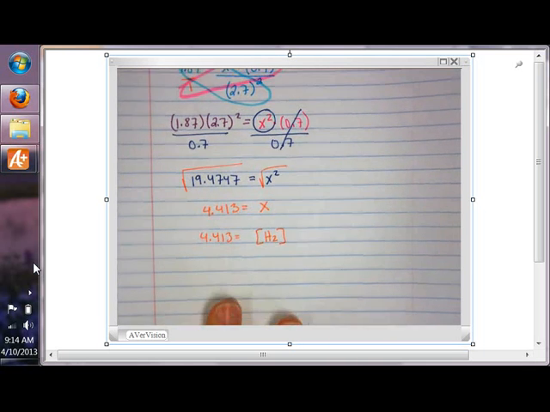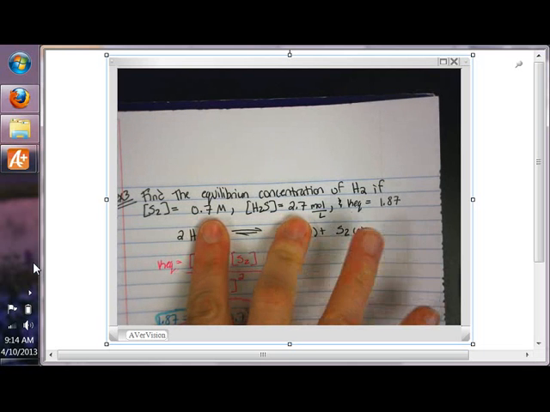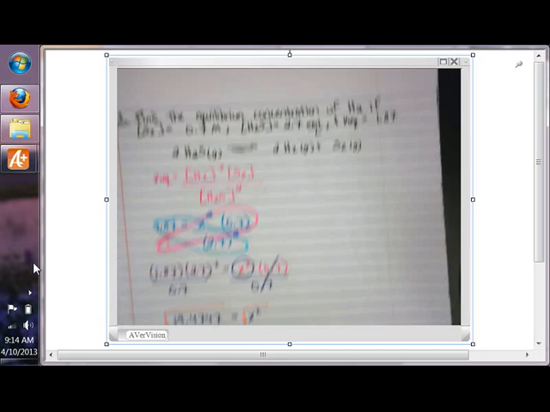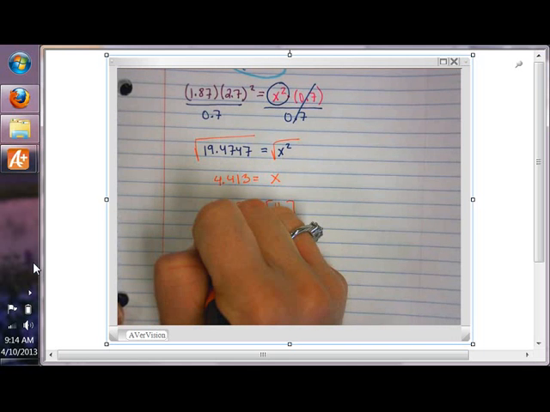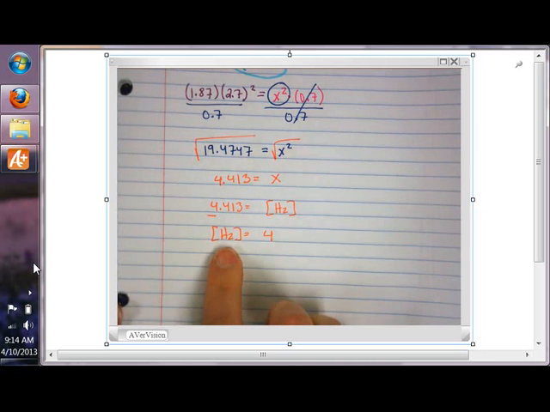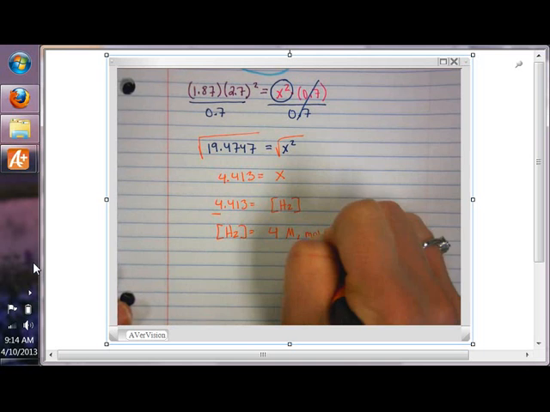And I need to give it sig figs. 1 sig fig, 2 sig figs, 3 sig figs. So the answer is going to have 1 sig fig. So the concentration of H2 equals 4, and concentration is in molarity. So you can say big M, you can say moles over liter, or you could say molar.